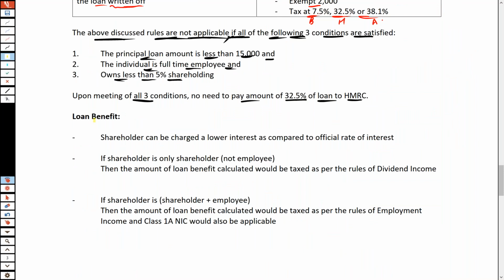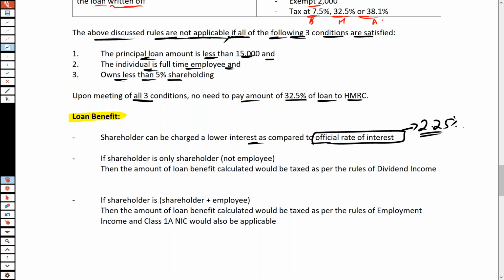Now the loan benefit. By the way, if any loan is provided to a normal employee, what we do is calculate the loan benefit. The shareholder can be charged a lower interest as compared to the official rate of interest. And the official rate of interest for our studying purposes in ATX is 2.25%.